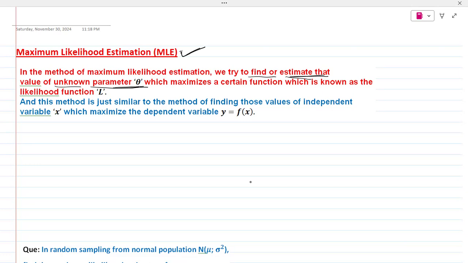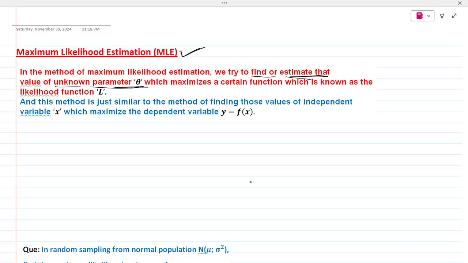I repeat: in this method of MLE, we try to find or estimate that value or values of the unknown parameter theta which maximizes the likelihood function.